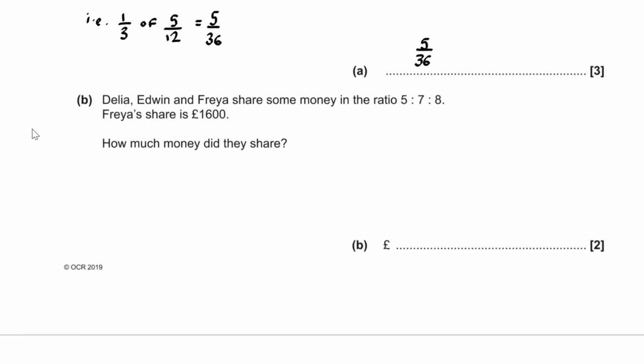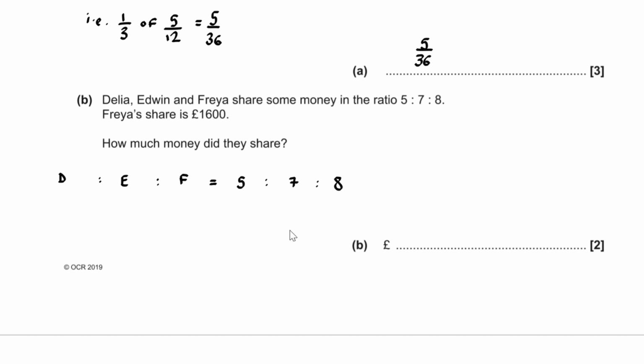And then for part B, Delia, Edwin and Freya share some money in the ratio 5:7:8. Freya's share is £1,600. How much money did they share? Well, D to E to F is equal to 5:7:8.